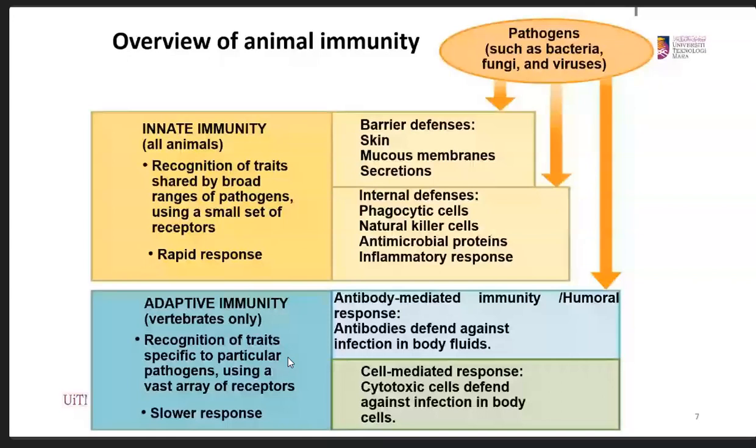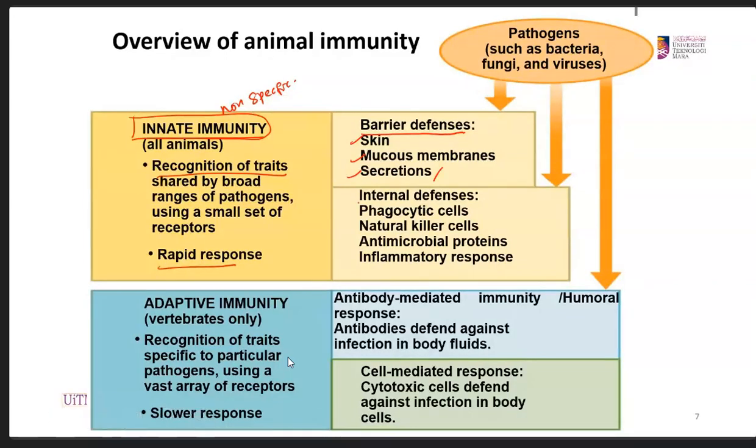So it is divided into barrier defense or the first line defense, which involves the skin, mucous membrane and also secretions, for example tears, sweat, even saliva that contains lysozyme. You are eating your food and then your saliva will contain lysozyme that also will destroy any microbes that contaminate the food that you eat, for example.